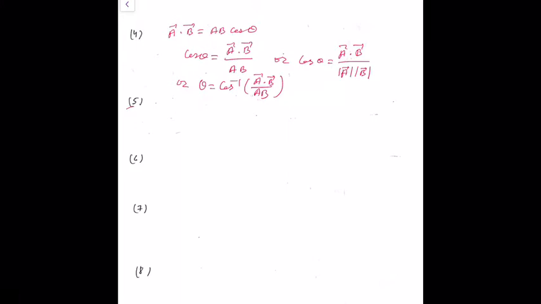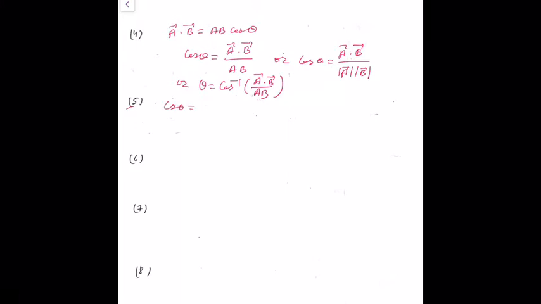Or we can write theta equal to cos inverse of A vector dot B vector upon AB. Clear?